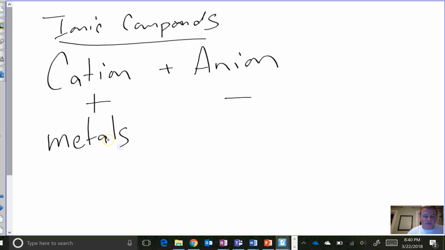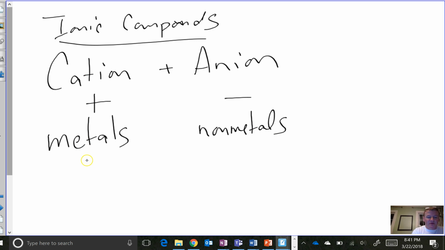And that's because metals have valence electrons that they want to give away in order to get back to a full outer shell. Well, what type of elements want those electrons? Those would be nonmetals. So this is always the case here.